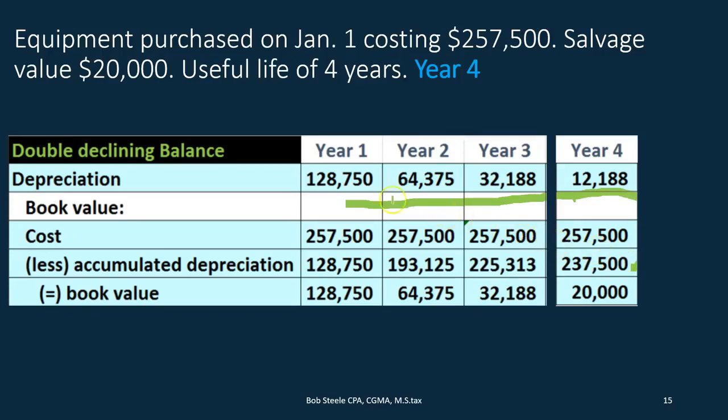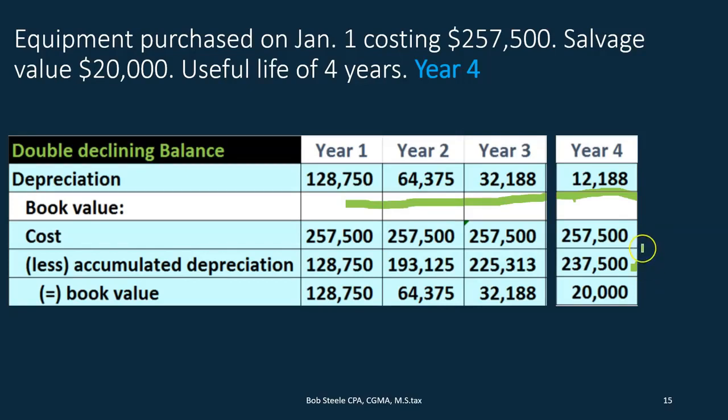Or we can calculate it by adding up the depreciation over the useful life: year 1, year 2, year 3, year 4 will be the 128,750 plus the 64,375 plus the 32,188 plus the 12,188, which also gives us an accumulated depreciation as of the end of year 4 of 237.5.